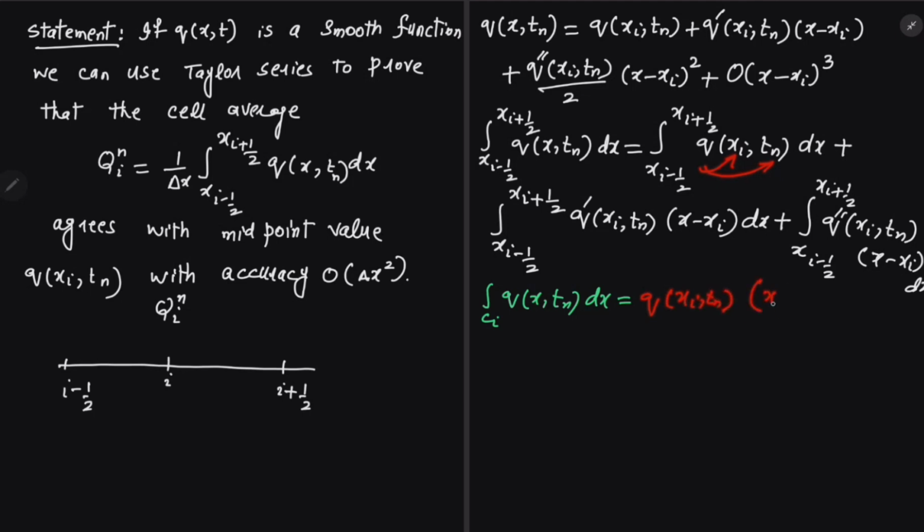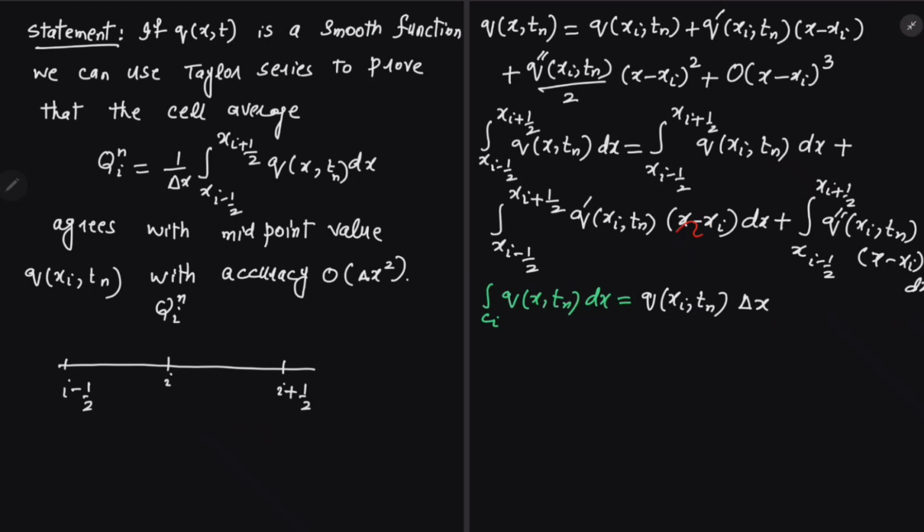So what we get is x_{i+1/2} minus x_{i-1/2}. This is actually the length of this cell, which is equal to delta x. So we can write this as q(x_i, t_n) delta x. Remember that we have a uniform width. We can take a variable width, but it is not required here. We will talk about that maybe in future if needed.